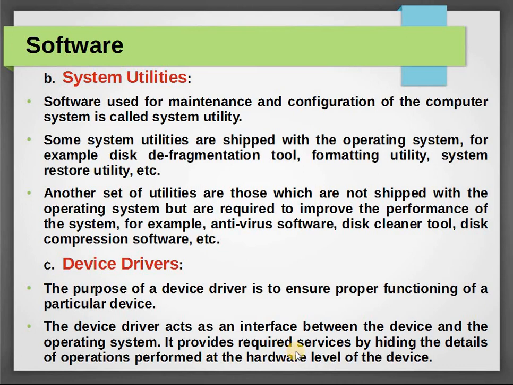It provides the required service by hiding the details of operations performed at the hardware level of the device. So in these lines we can understand that device driver software manages each device. That means for each input or output device we have a particular device driver software.